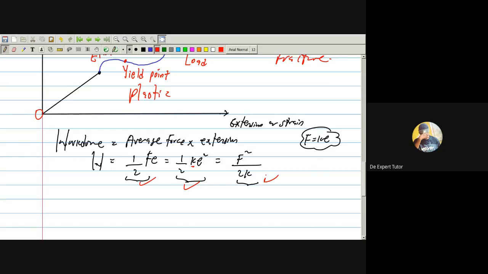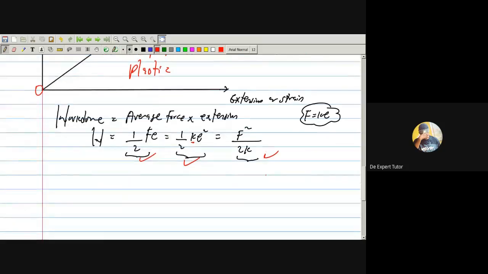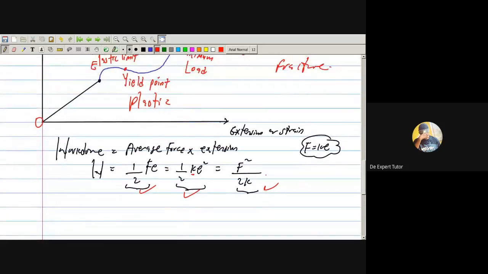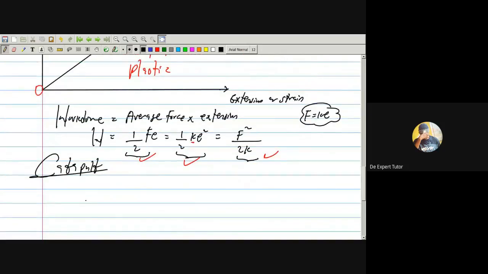In our next class, we'll look at more stuff, and then look at this object called a catapult. If you want to shoot a stone from a catapult, you will extend the catapult backward.